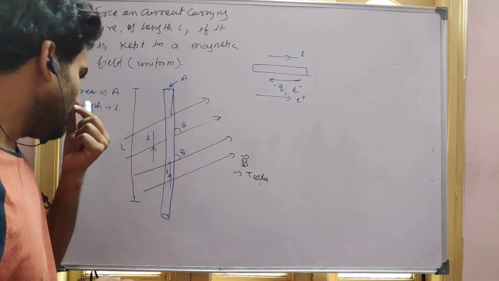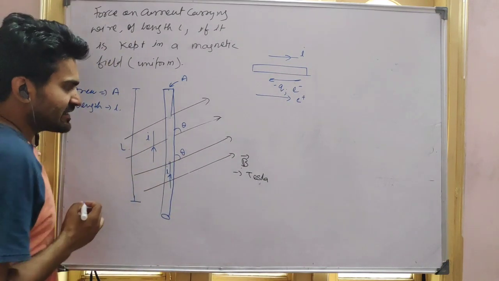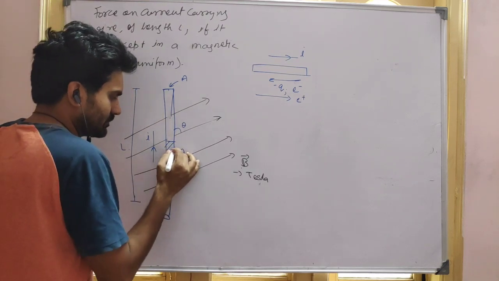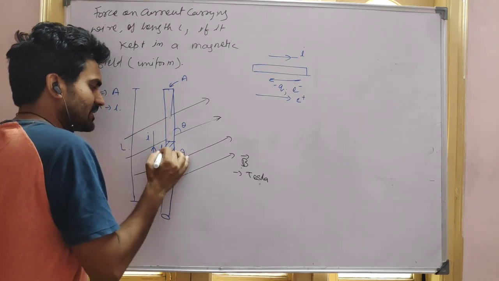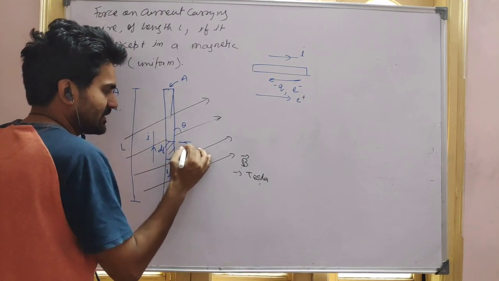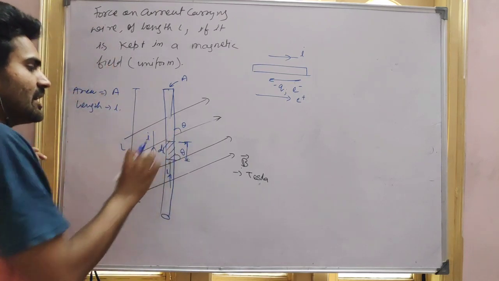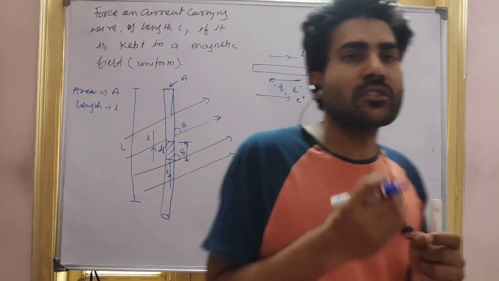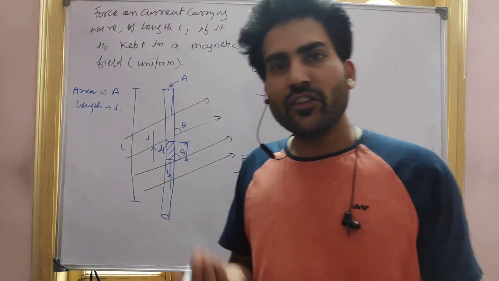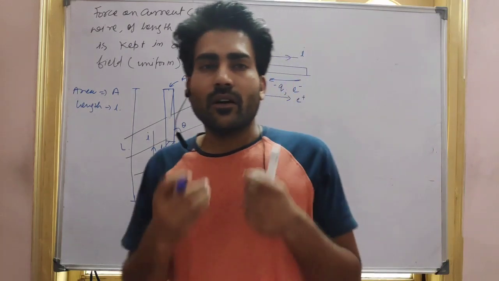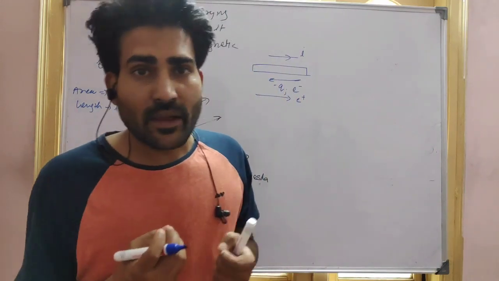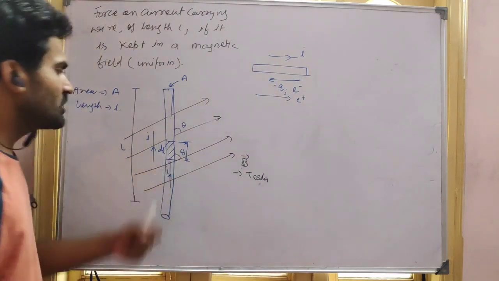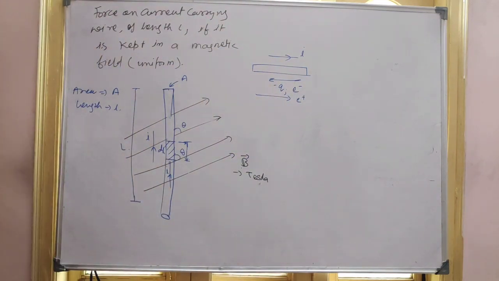So let us say a small length dl here. In that particular dl, let's find out how much charge is there and how much force will be on the charge. We know that only if we keep a moving charge in a magnetic field will a force be generated. So there should be a charge moving in the wire.